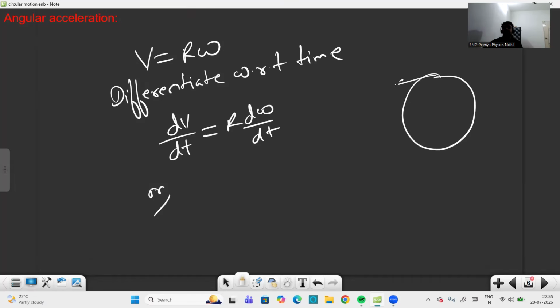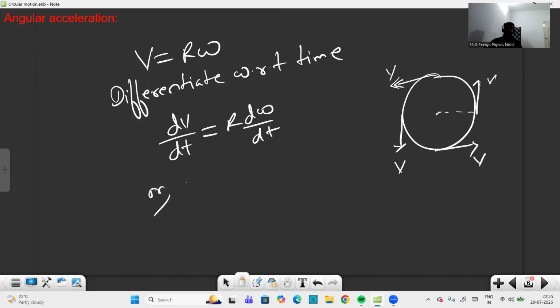If speed is changing tangentially, this is v, the linear speed. Now if linear speed is constant, dv by dt is 0. But if v is changing, it means in the direction of the tangent the speed is changing, so tangential acceleration will be introduced.